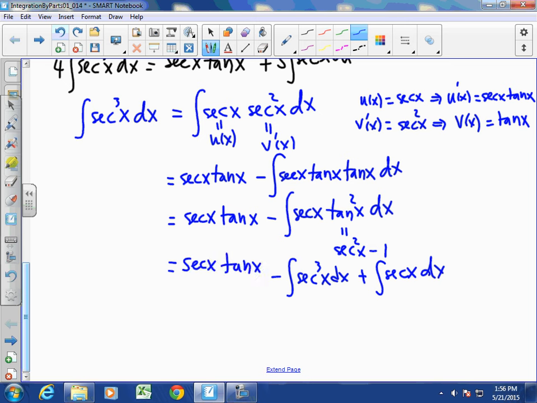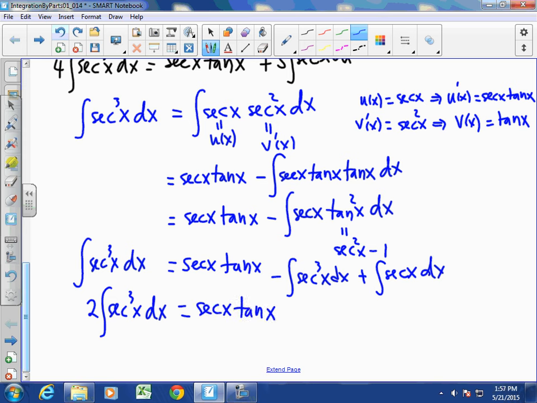Now, this is the integral of secant cube x dx. So it means that 2 integral of secant cube x dx is secant x tangent x plus the integral of secant x dx.